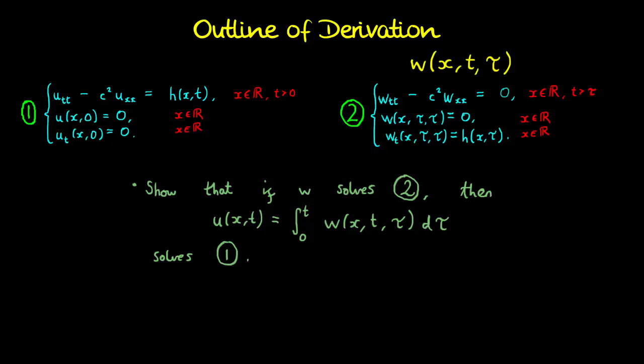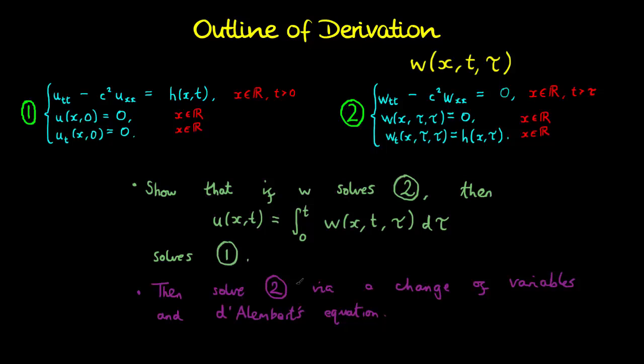Then our strategy will be to solve problem 2 via a change of variables and D'Alembert's equation. Once we've found what w is, all we'll have to do is integrate it with respect to tau, and that will give us the solution to problem 1. So that's the outline. It's really a 2-step proof.